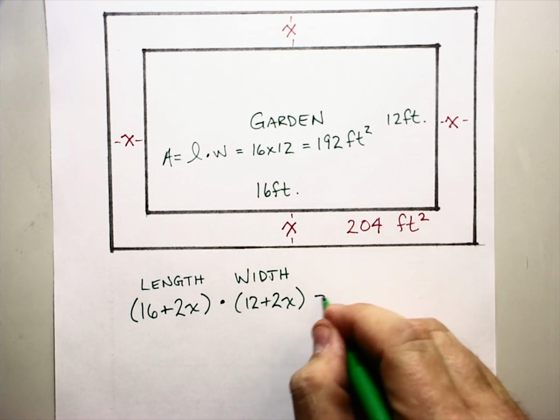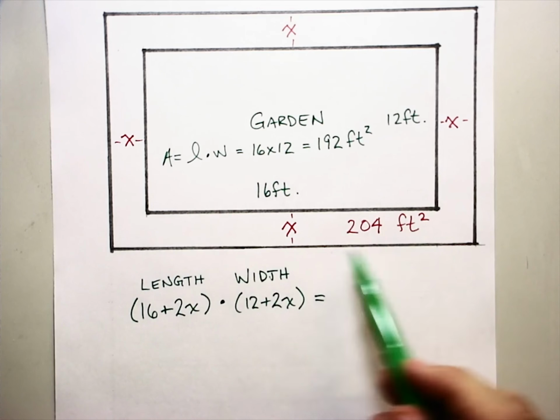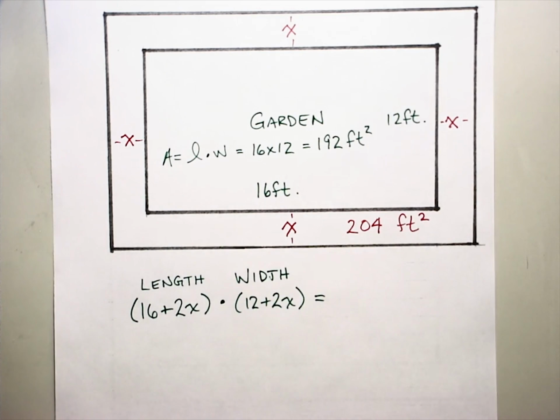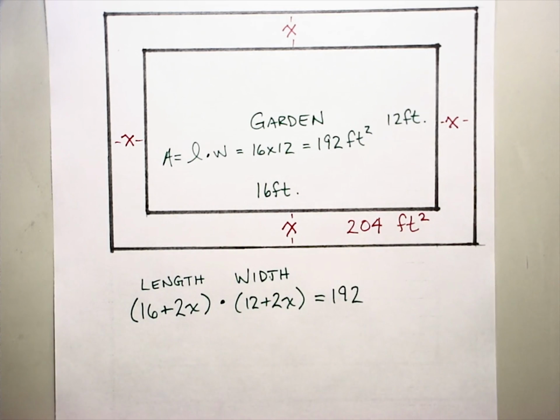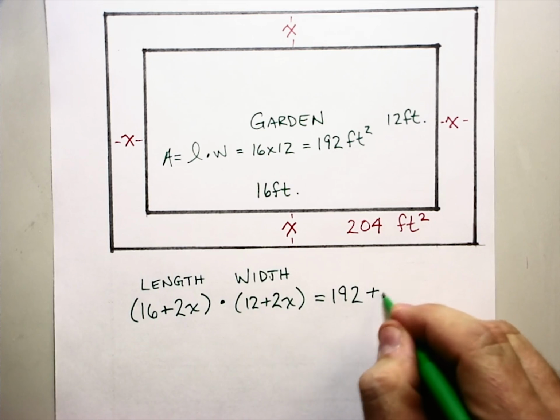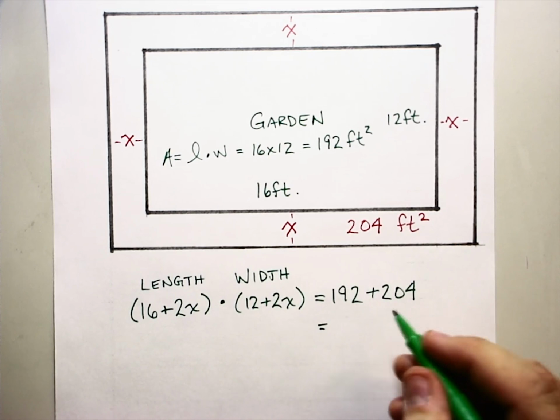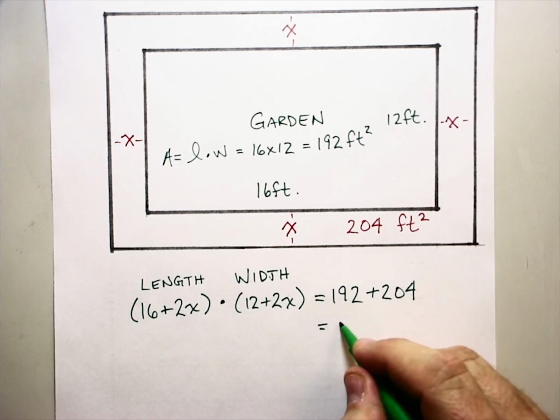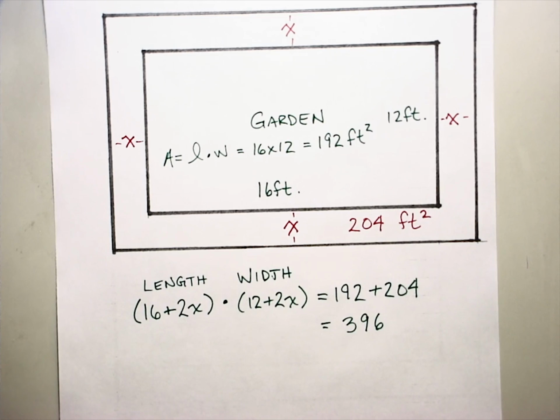We also know that the total area is going to be the area of the garden plus the area of the walkway. The area of the garden is 192 square feet, and the area of the walkway is 204 square feet. That means that we have a total of 396 square feet around the outside.